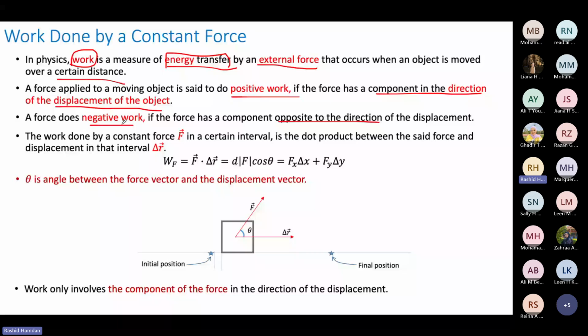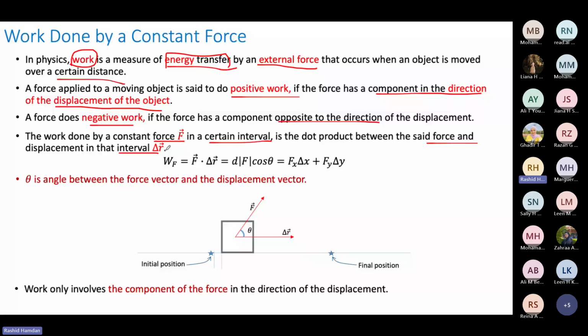So I define the work done by a force F, a specific force F in a certain interval between the initial position and the final position, as the dot product between the force and the displacement delta R. Delta R is the change of position.